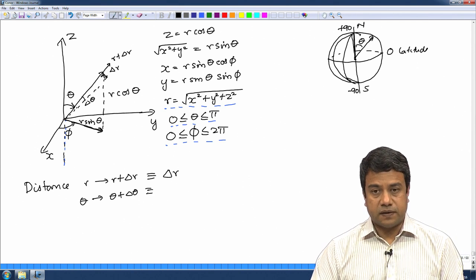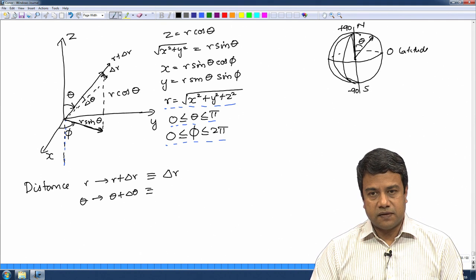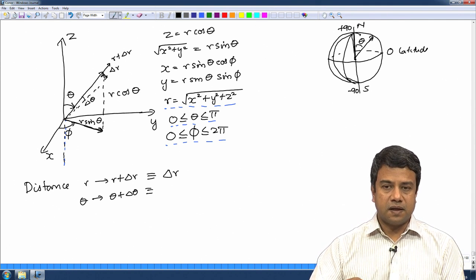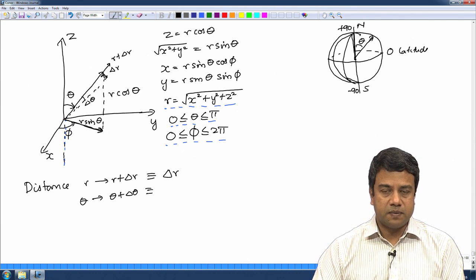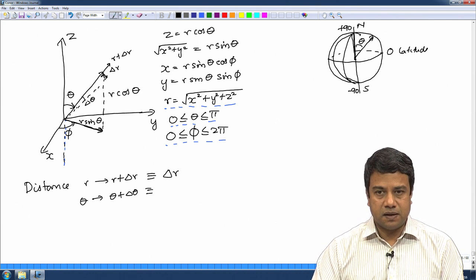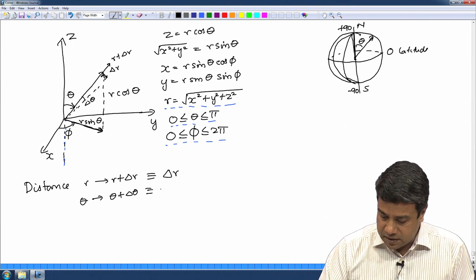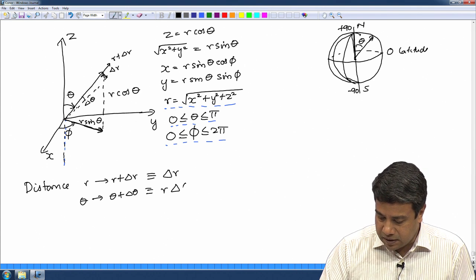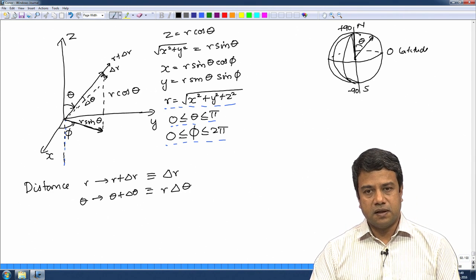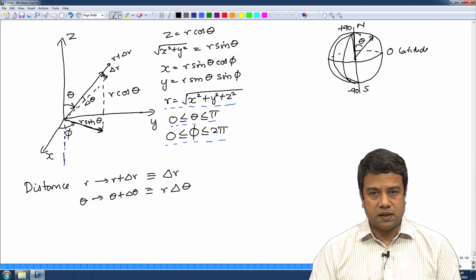What is the distance travelled? That distance travelled is going to be the radius times the angle in radians. So, this has to be equal to r times delta theta. The distance travelled when you go from theta to theta plus delta theta is r times delta theta.